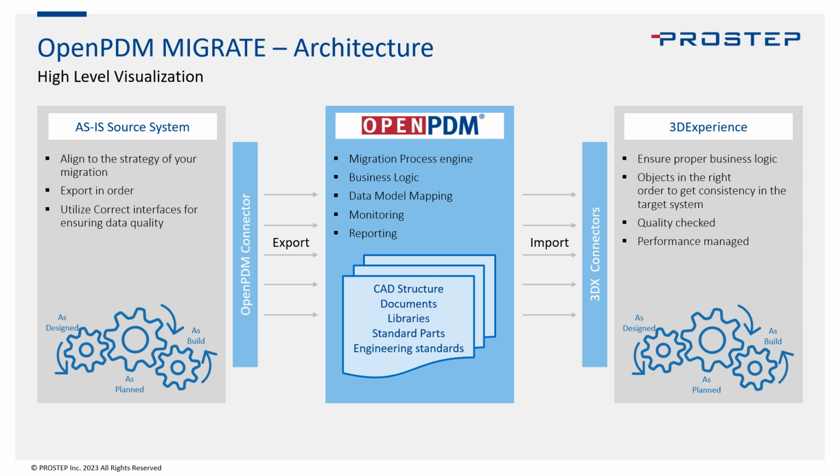We also have the mapping engine that we can use in order to put our mappings in and provide the business logic of the migration, and then be able to monitor that, report on that, as well as contain the data that might be written out.